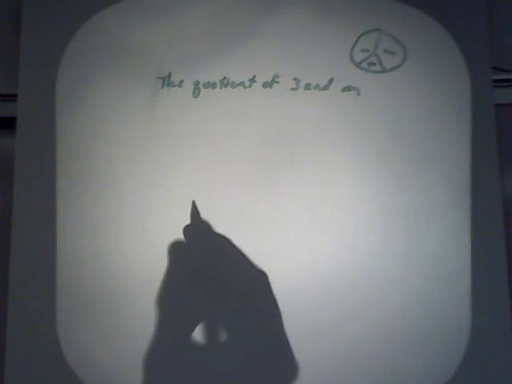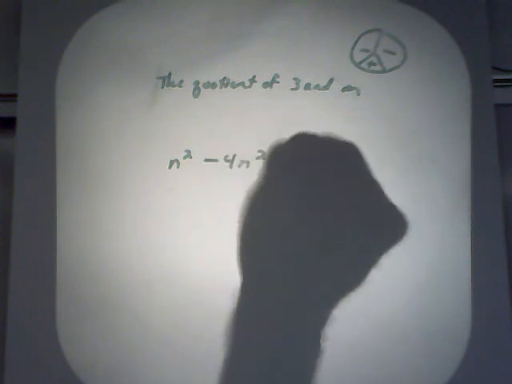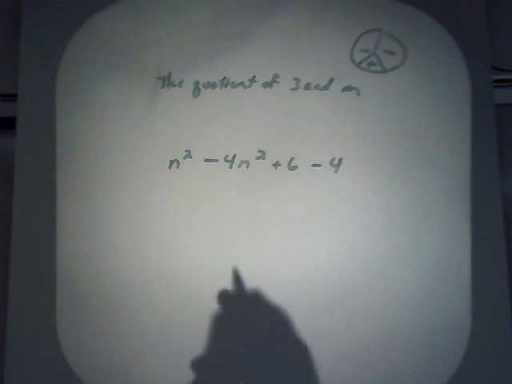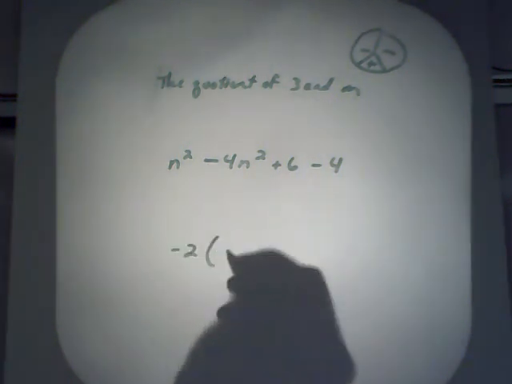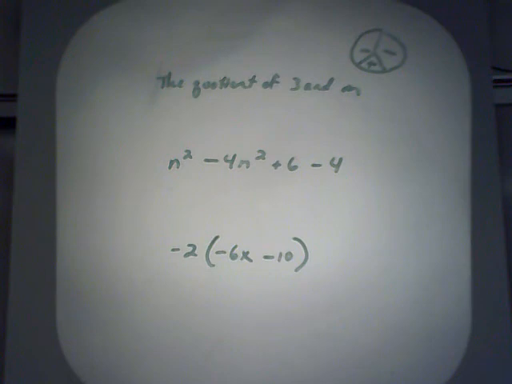The quotient of 3 and m, write that, that one, and that one. Okay, solve those 3. That's what you're going to be doing.